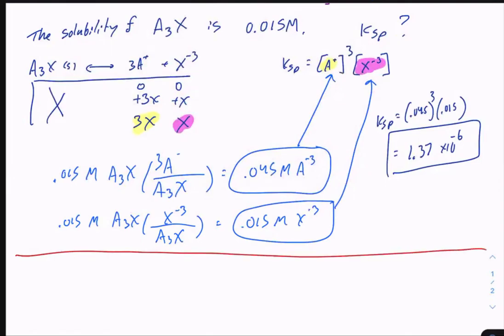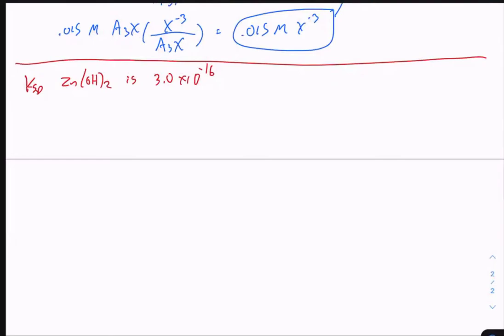Let's go backwards. Let me give you a KSP value. KSP for zinc hydroxide is 3.0 times 10 to the minus 16. What's the solubility? I'll give you guys some lead time. See if you can come up with it.